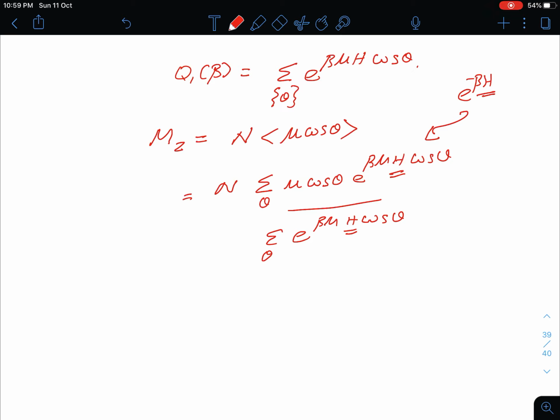Okay, now this is something very interesting. Now let us say what is dou by dou h of e raised to beta mu h cos theta. Dou by dou h of e raised to beta mu h cos theta is simply e raised to beta mu h cos theta.